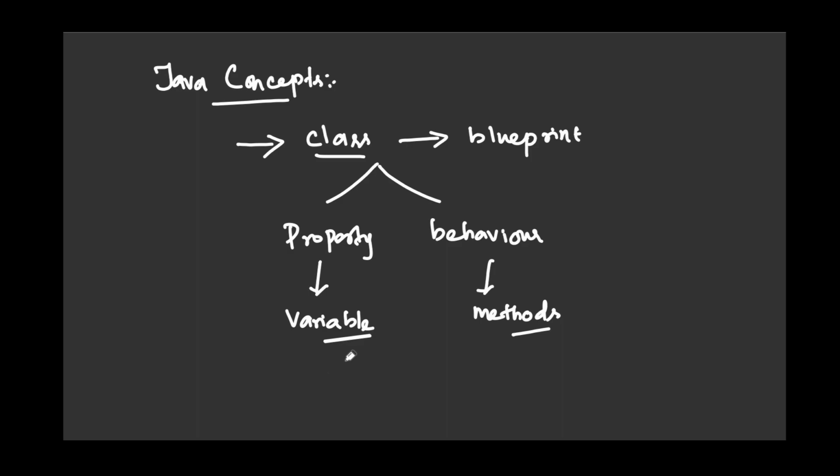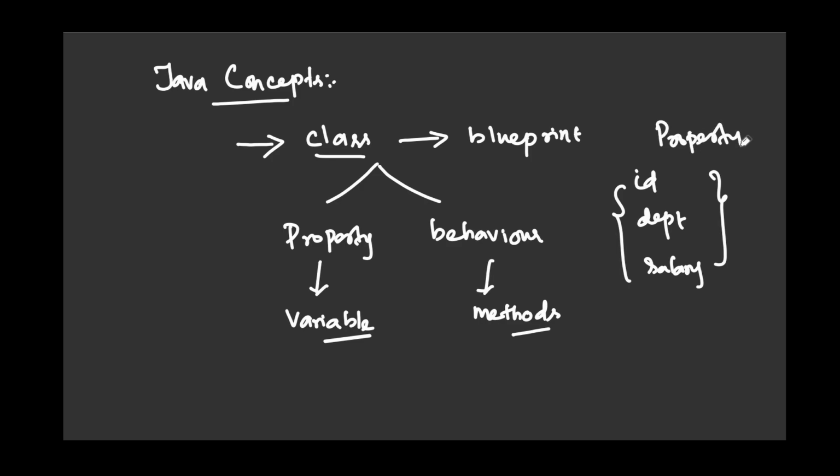If we want to convert that employee into a class, we have to understand the properties of that employee. The employee will have an ID, a department, a salary, and so on. All these come under property, because these are all properties of an employee.